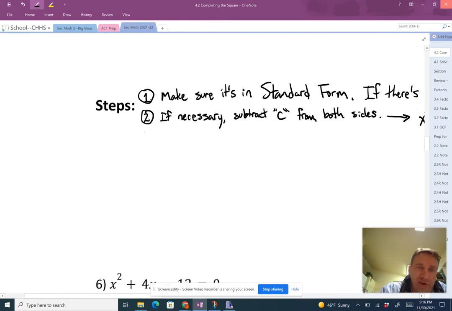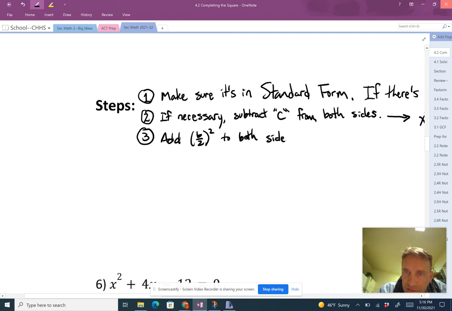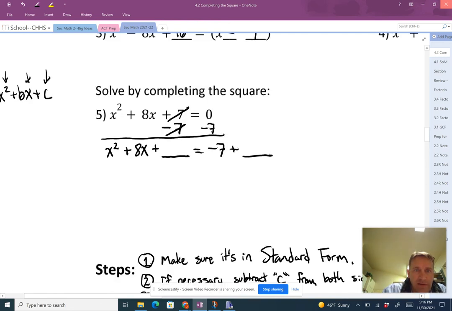So step 3 is add b over 2 squared to both sides of the equation. Okay, see what that looks like here.